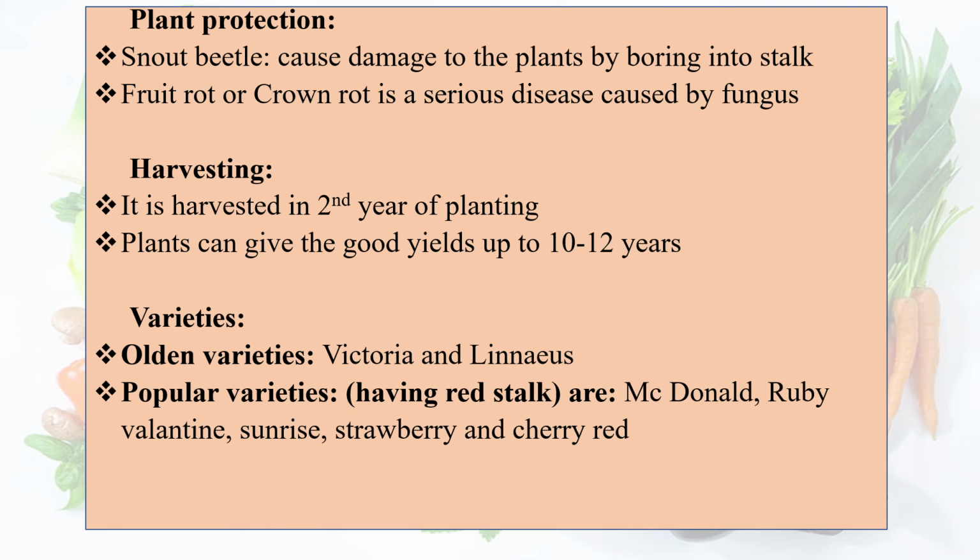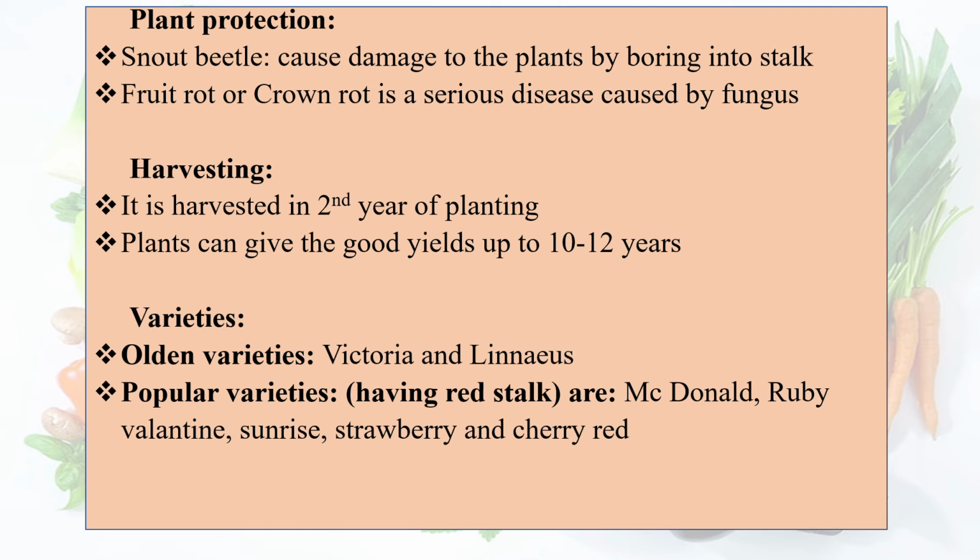Some more practices are there, such as using disease-free plant material and crop rotation. Planting on land in which rhubarb has not been grown for 3 to 4 years will keep the disease in check.